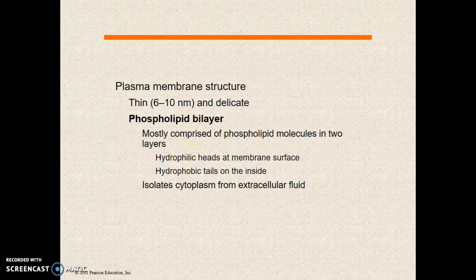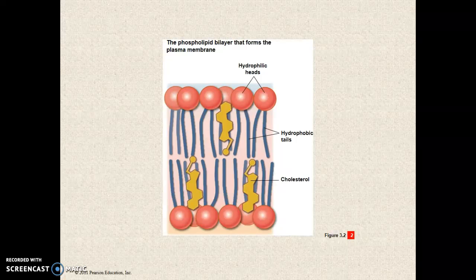So you should be able to draw the phospholipid bilayer with the hydrophilic heads at the outside and the inside, and the hydrophobic tails sandwiched between the two hydrophilic heads. Inside the membrane are molecules of cholesterol. We make cholesterol, but we also eat cholesterol, so we can have high cholesterol if we eat too much of it.